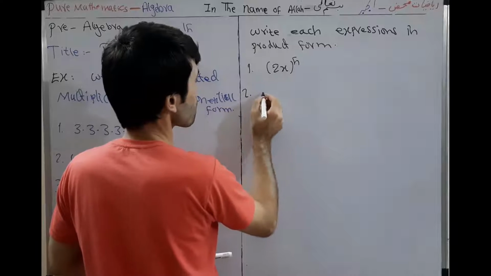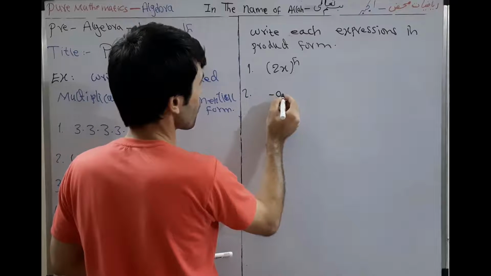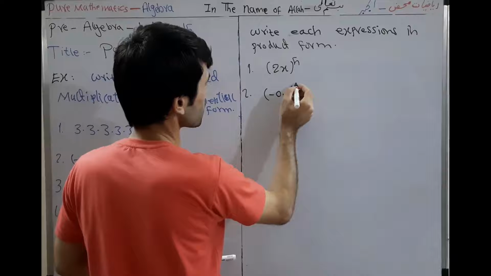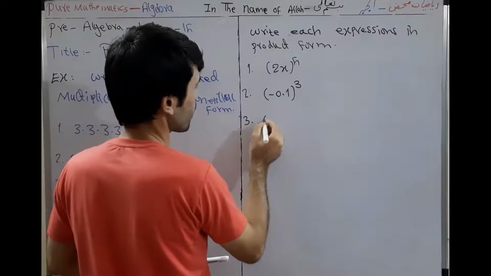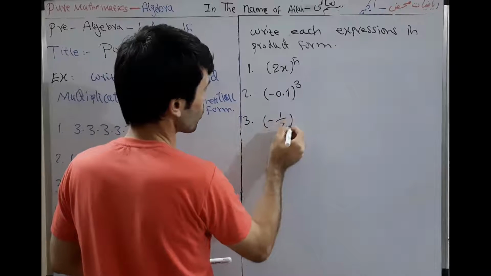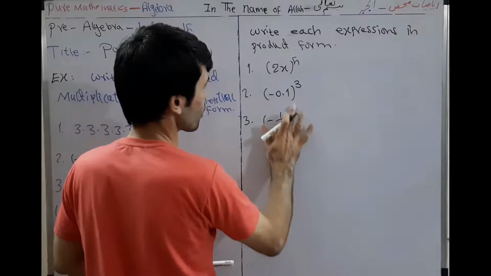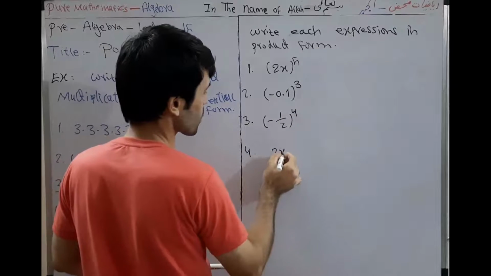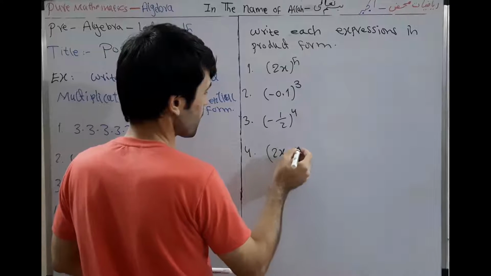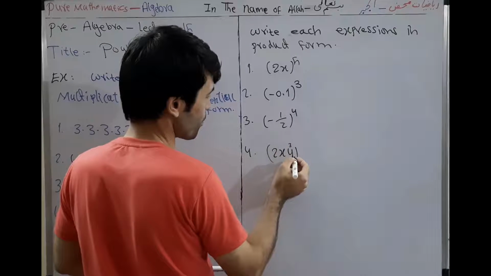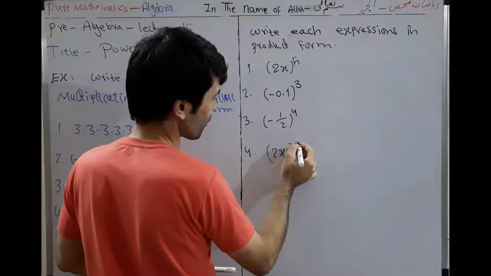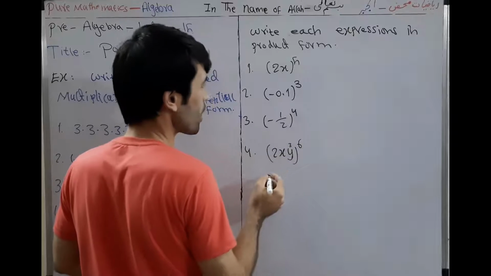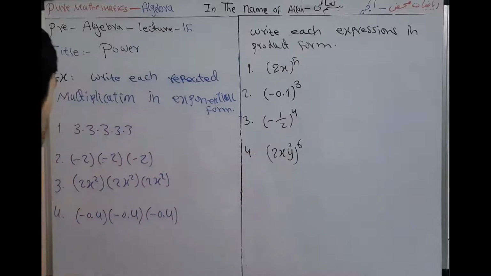Number 2, minus 0.1 whole to the power 3. Number 3, minus 1 by 2 whole to the power 4. Number 4, 2xy cubed whole to the power 6.